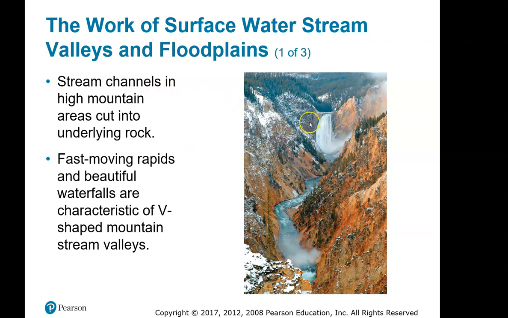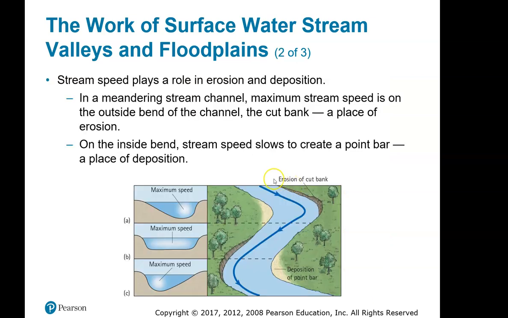Streams that have passed through mountains and literally, over the course of time, dug through the mountains, and you see that in different places. For the Grand Canyon, it's of course the Colorado River, over the course of millions of years. So fast, rapid moves and beautiful waterfalls are characteristics of these V-shaped mountain streams.